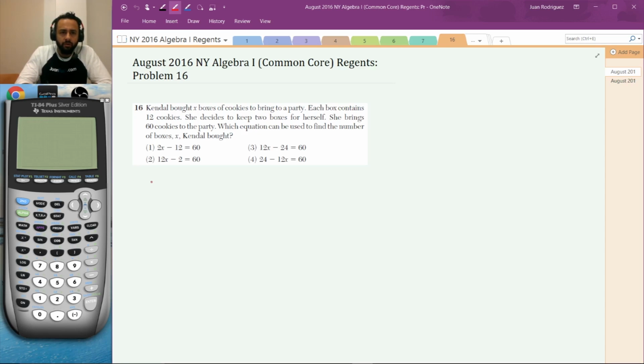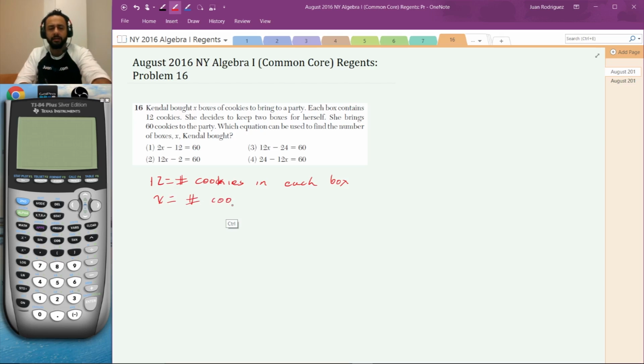So 12 is equal to the number of cookies in each box. x is equal to the number of boxes bought.